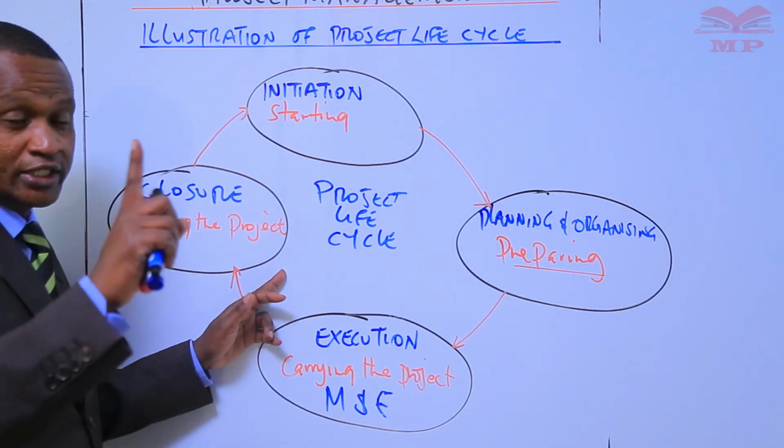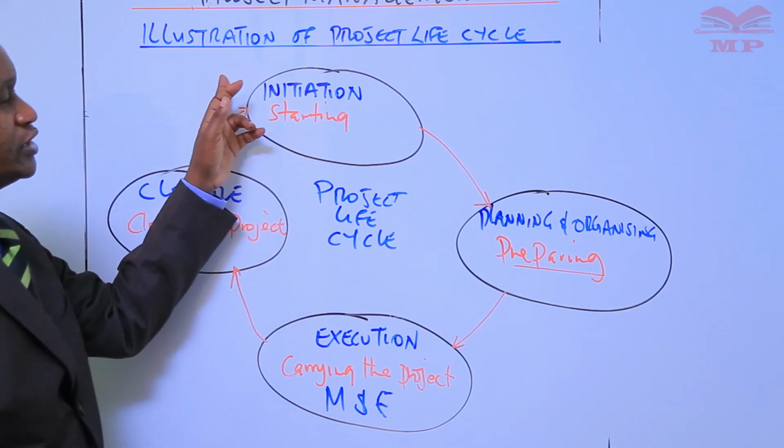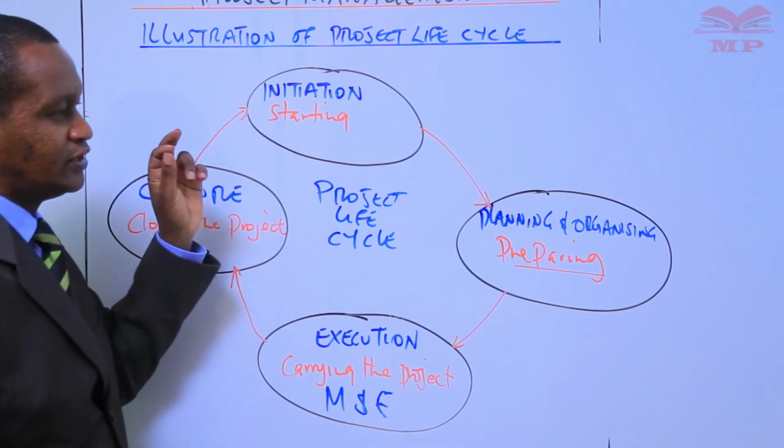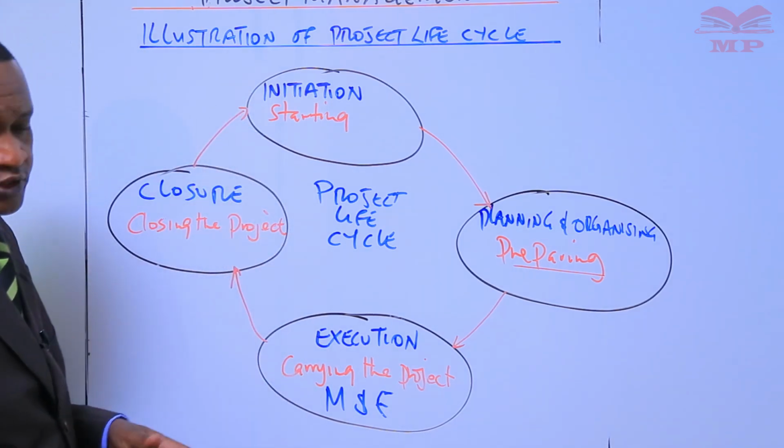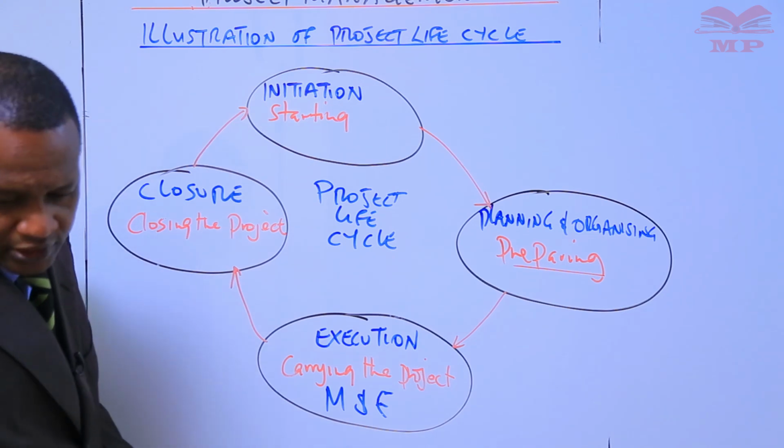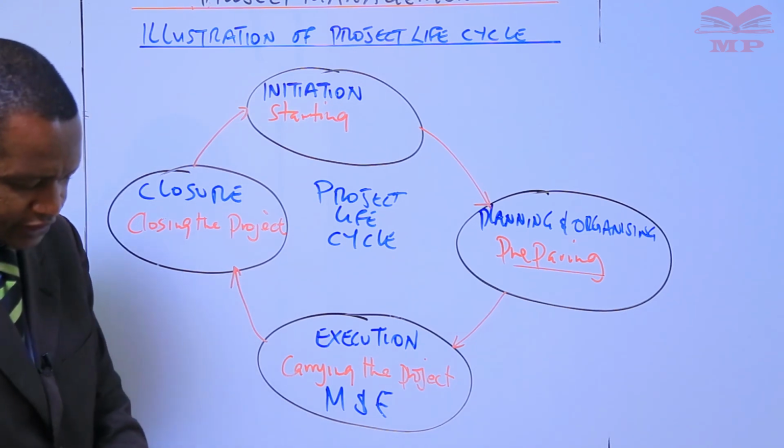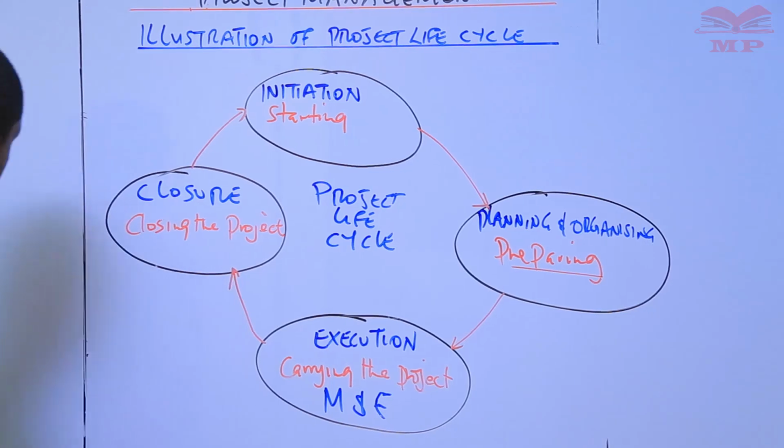The objective in this lesson was to illustrate a project life cycle. And it was on that basis that I'll give you an assignment. I'll write it here on the board.